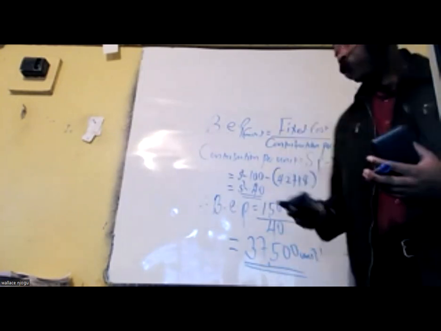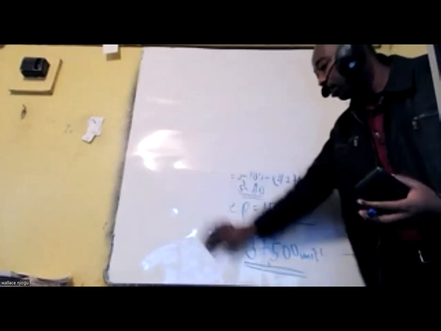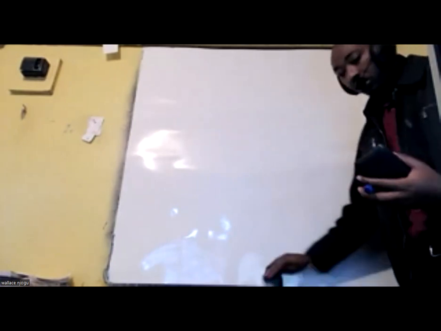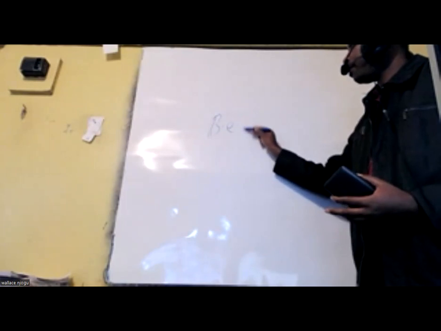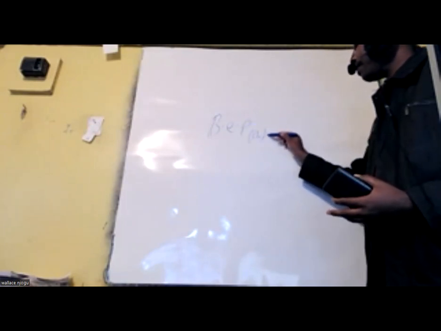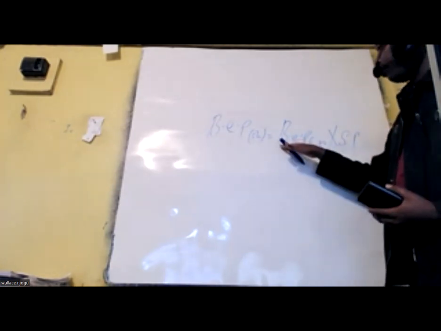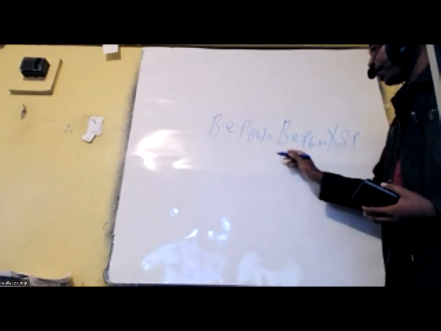If you are asked for break-even point in shillings, it is very simple. We say break-even point in shillings is equal to break-even point in units times the selling price per unit.